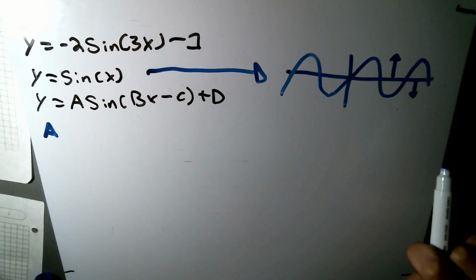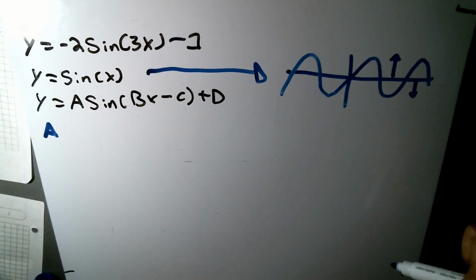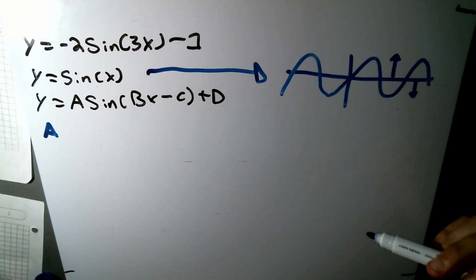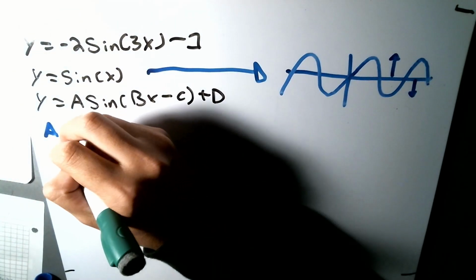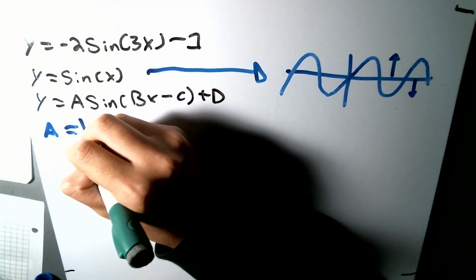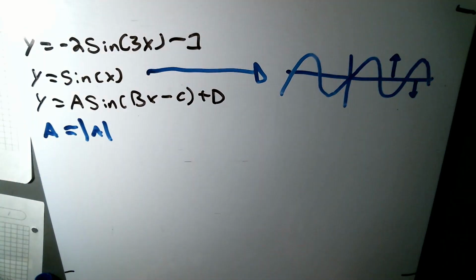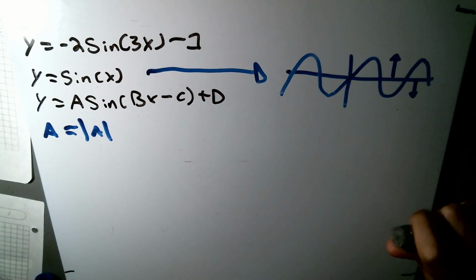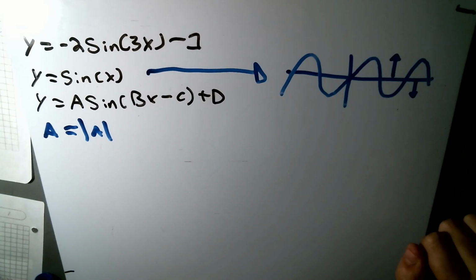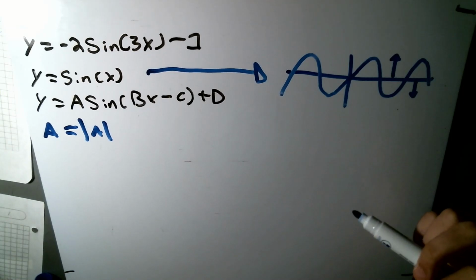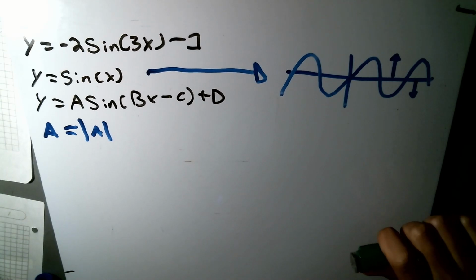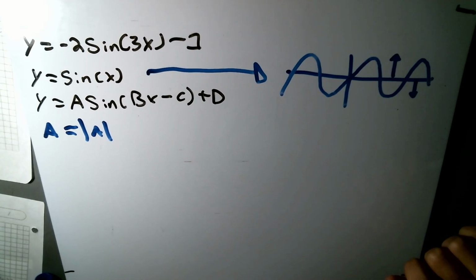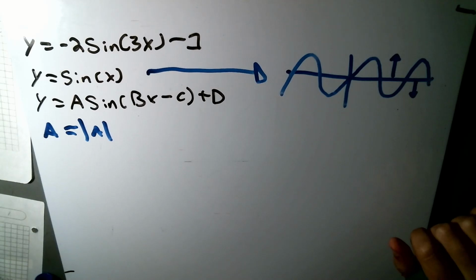It is the value from the midline to these two points. That is what amplitude is. To get amplitude, you have amplitude equals absolute value of a, and that's pretty much it. It's really not a hard one. Of course, it cannot be negative because it is a measure.